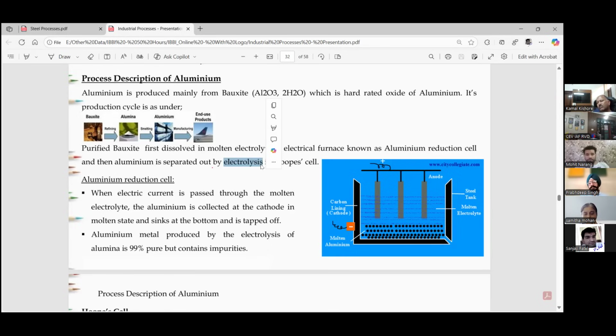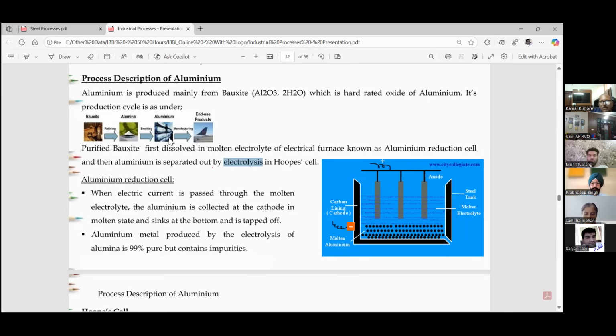So when the aluminum Al is positive, it will be attracted toward the cathode and will deposit over the cathode plate. So once a reaction is completed, the cathode plates are carried out, and whatever aluminum is deposited over the plates is removed. And that is how we are making a purification from bauxite to aluminum.